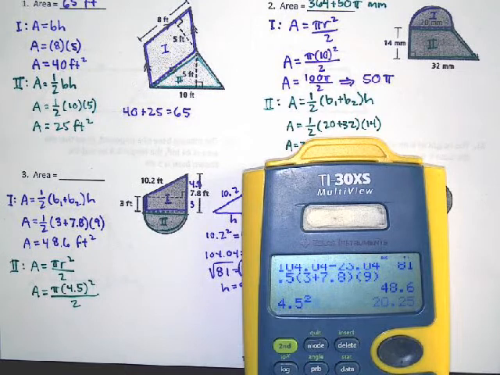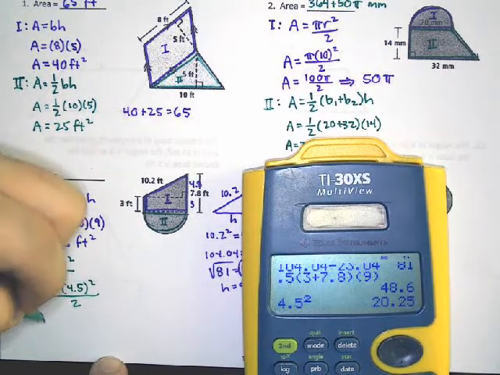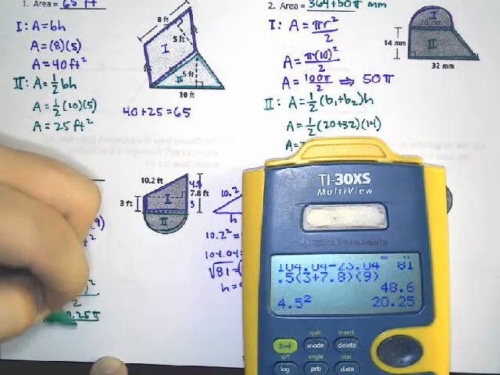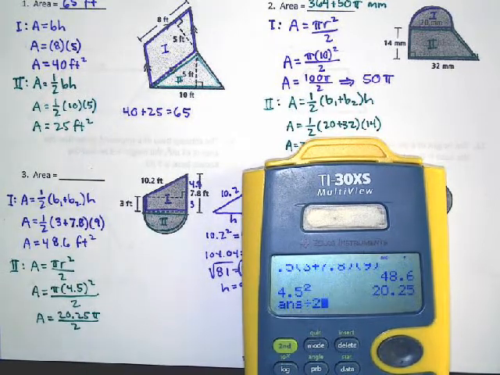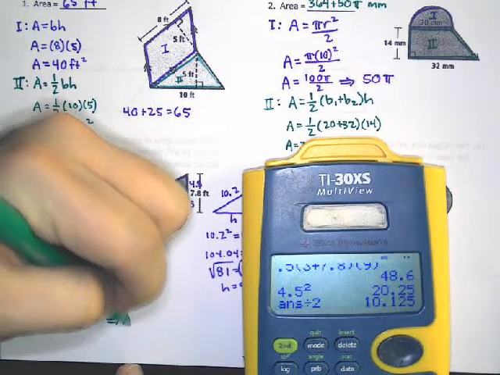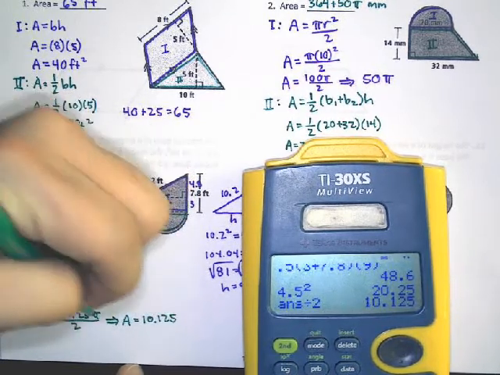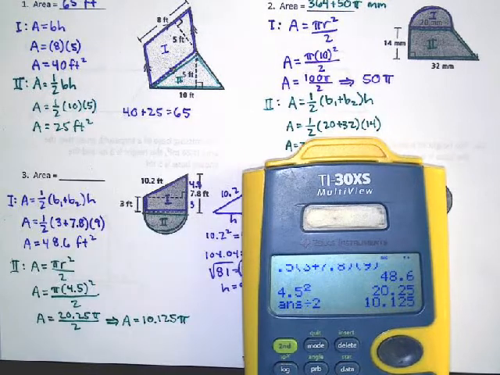All right, 4.5 squared. I would get 20.25 pi over 2. If I divide that by 2, I get 10.125. For right now, I'm just going to leave it like that. All right, so the area is 10.125, and remember that pi has to stick with it. All right, so you could absolutely write 48.6 plus 10.125 pi.